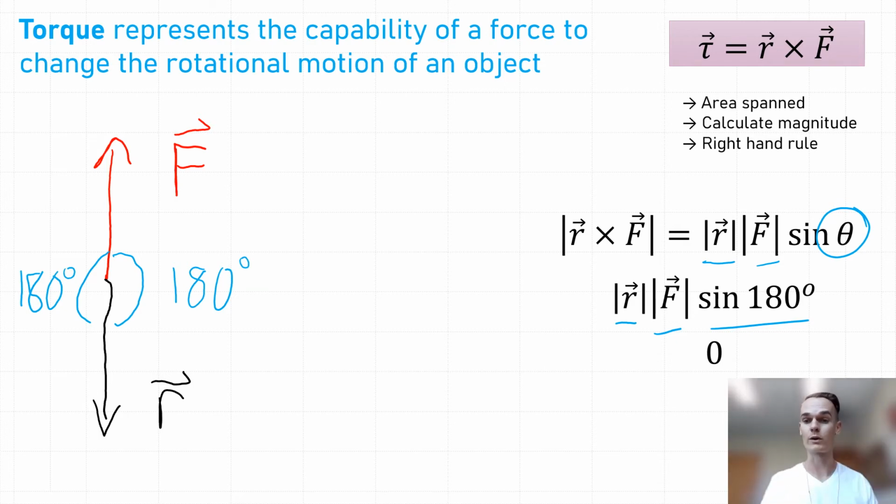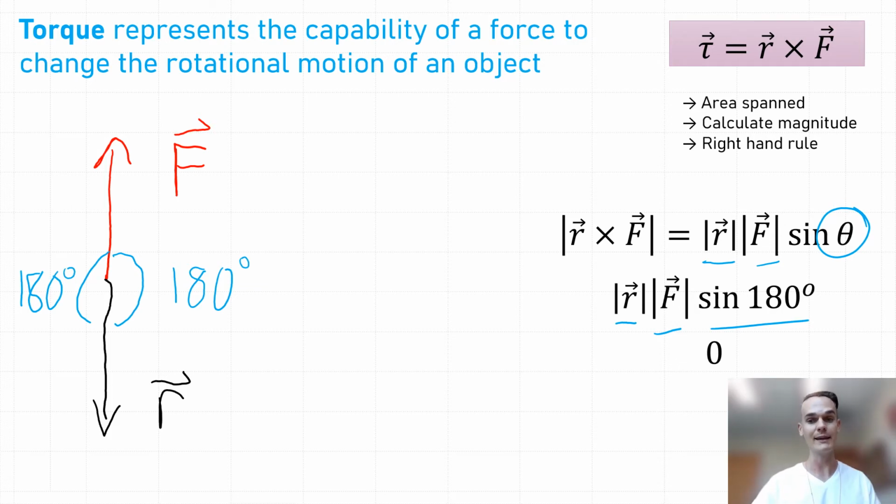Remember that torque has the physical interpretation of when you exert a force on an object in such a way that it may cause rotation. So this torque has a magnitude of 0. It is a 0 torque. That means there is no rotational motion. By applying the force vector to the door in this way, we are not going to cause the door to rotate.